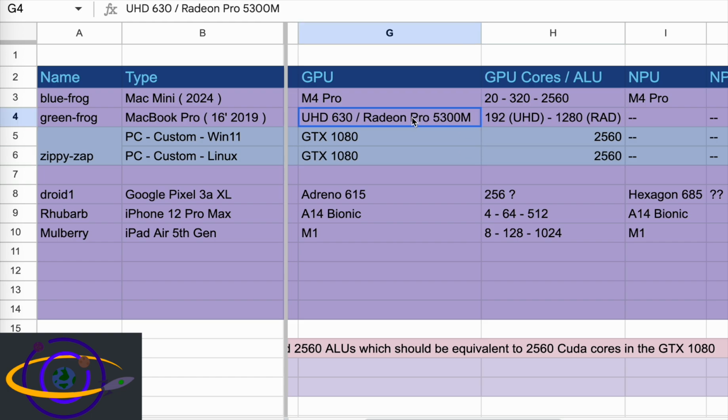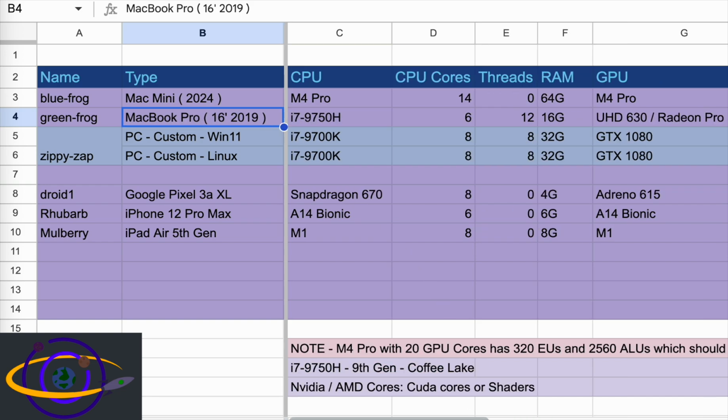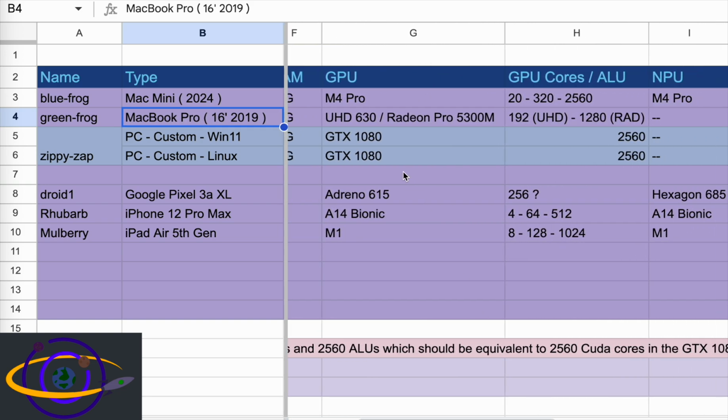But I mentioned the MacBook Pro has two GPUs in it, and these are the ALUs. It has 192 for the Intel GPU and 1280 for the Radeon.